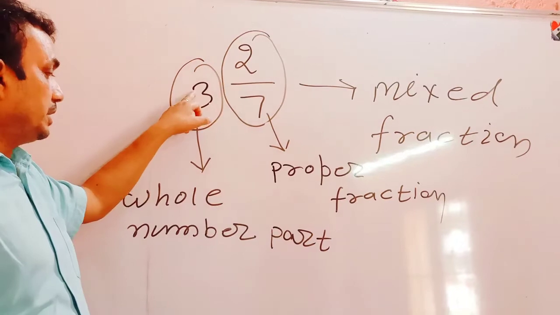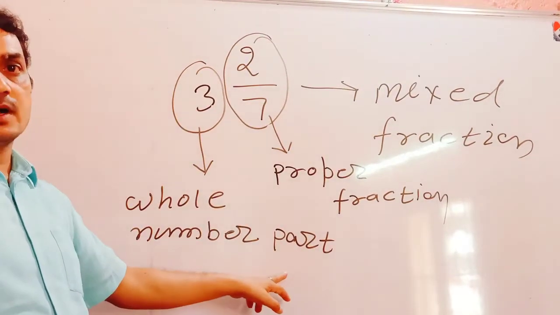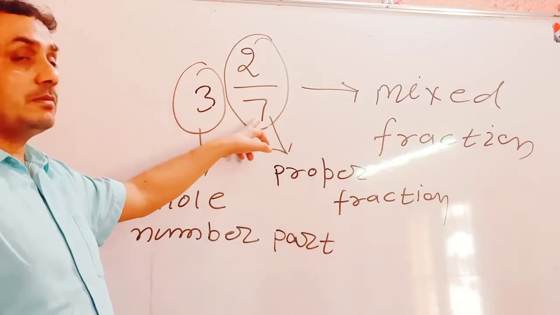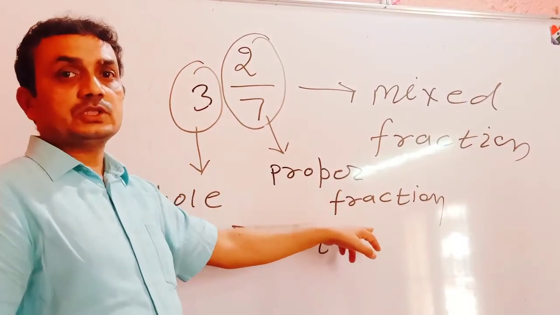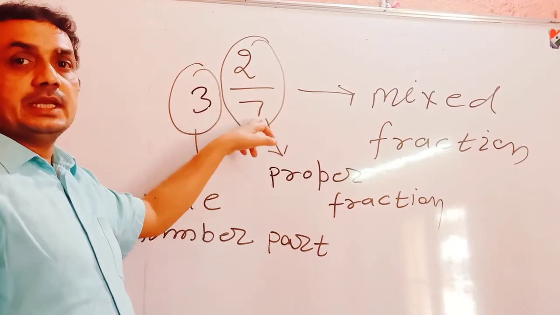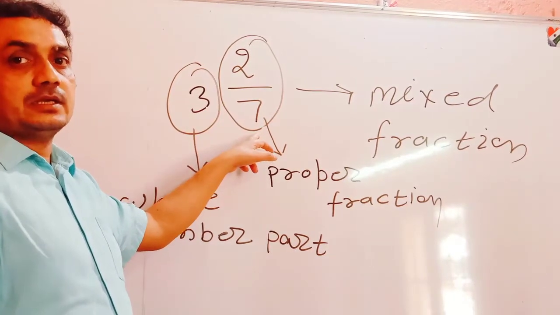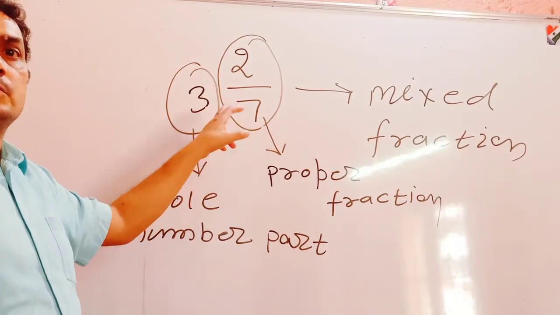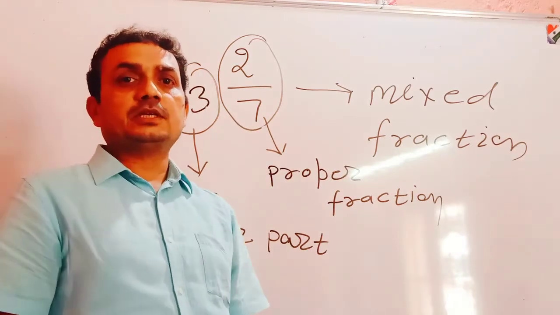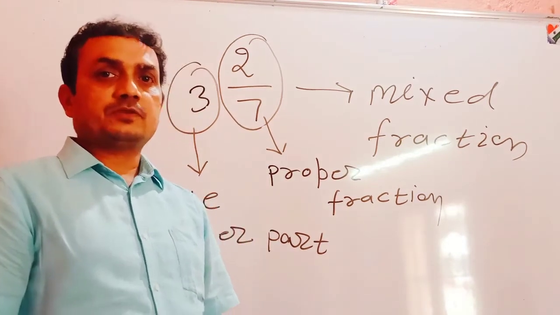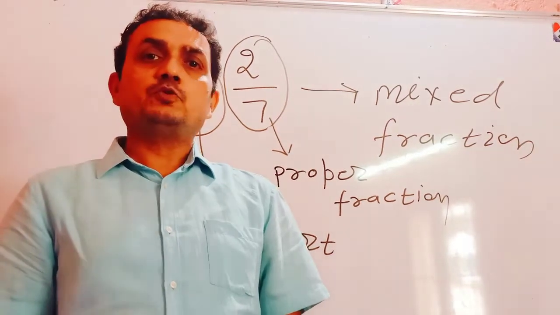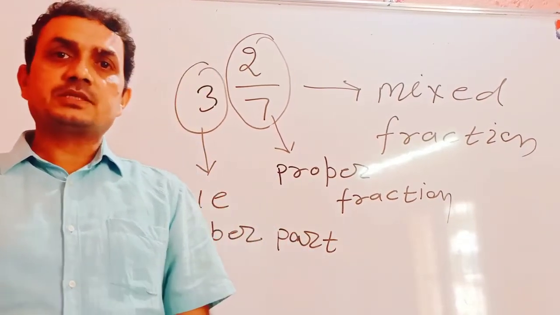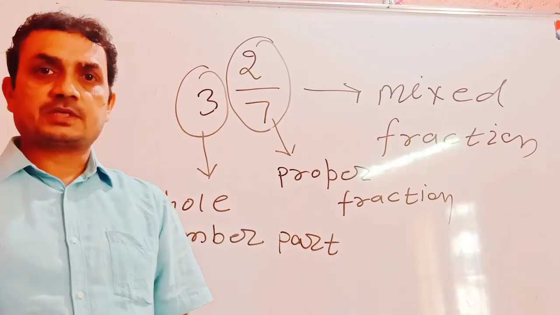First is 3, which is called the whole number part, and 2 by 7 is called a proper fraction because the numerator is less than the denominator. A fraction whose numerator is less than the denominator is called a proper fraction. So a mixed fraction contains two parts: the whole number part and the proper fraction.